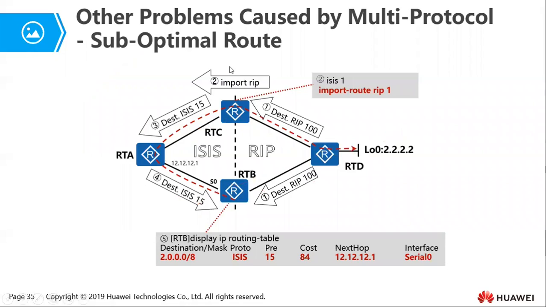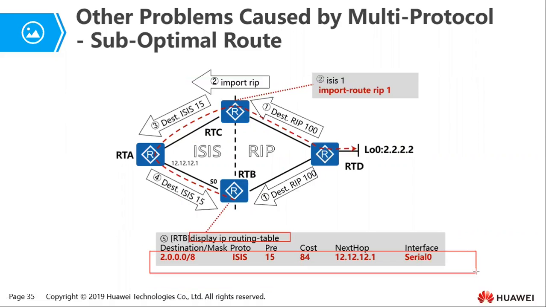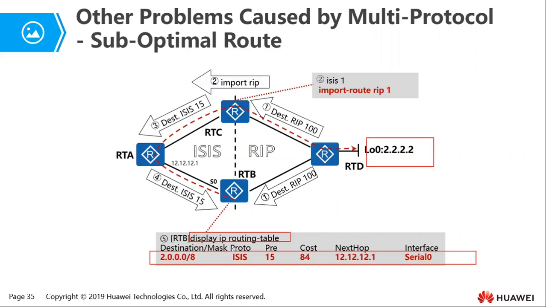So if you look at the routing table for RTB, you can see that what has been installed in the routing table to this destination network is actually the route that has been learned through ISIS.